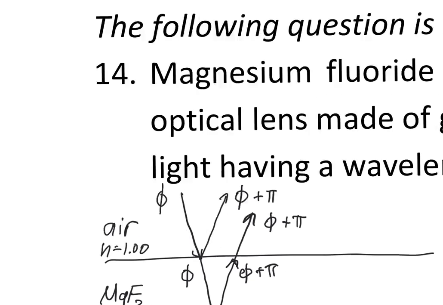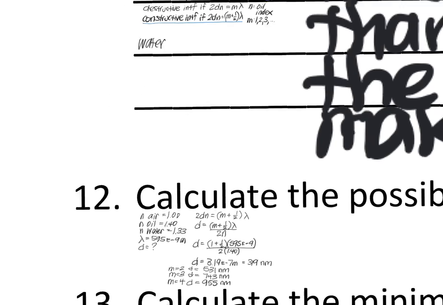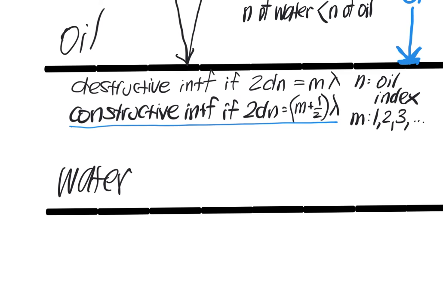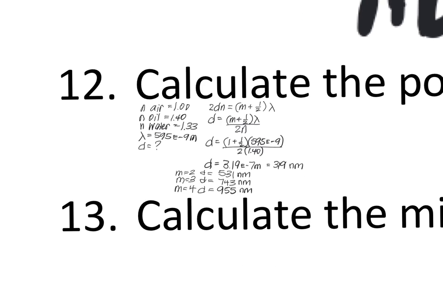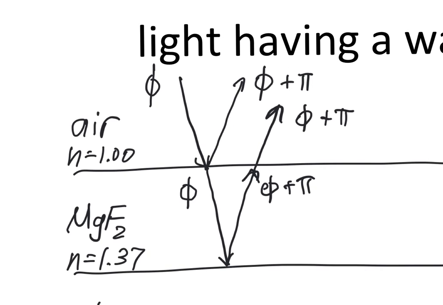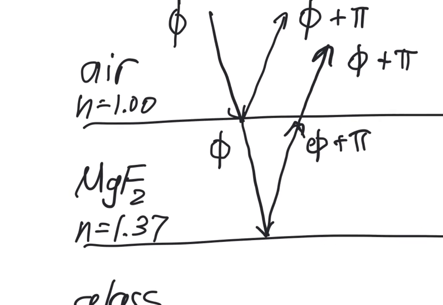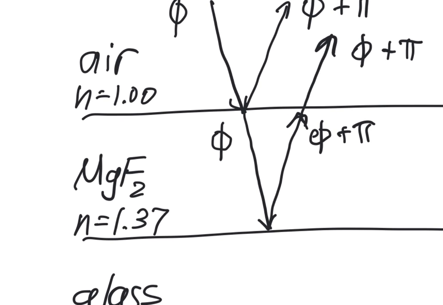So the relationship in the data booklet, these guys here: destructive interference 2dn equals m lambda, constructive interference 2dn equals (m plus 1/2) lambda. That is true if the thin film is on top of a material that has a lower index than the film itself. If the film is on something that has a higher index than the film, like in this case magnesium fluoride on top of glass, then those two equations switch.